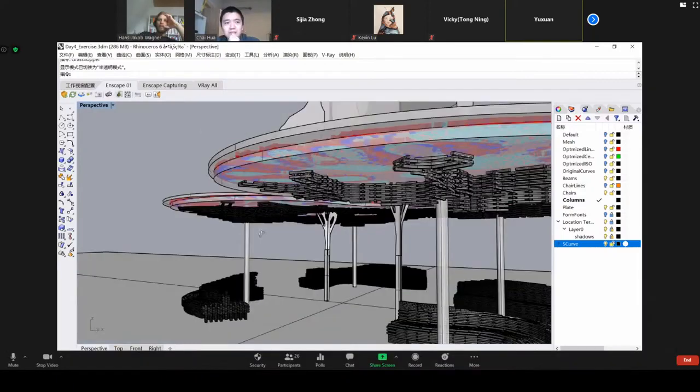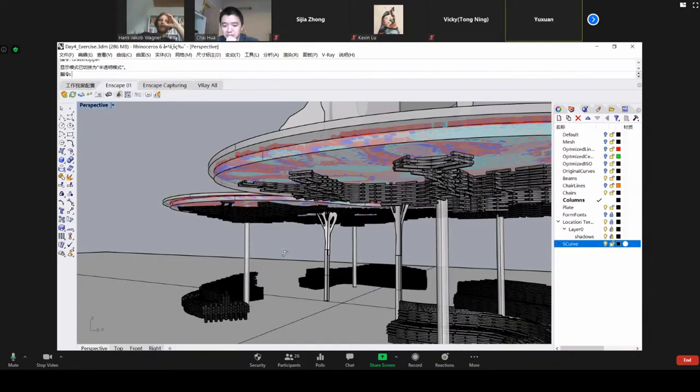Alternatively, you could also just have two versions of your pavilion, where in one you have these S curves and in one you have the branching out structure. Okay. That's maybe a bit more straightforward.